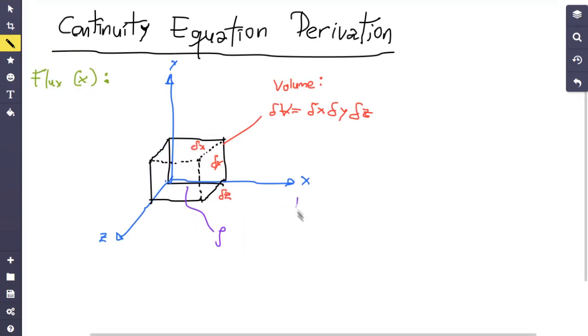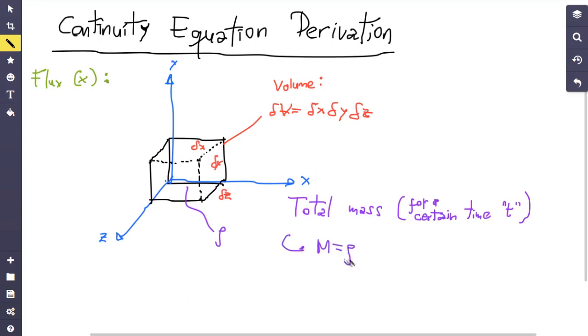So the total mass at a certain time t will be equal to ρ, which is the density of the fluid, times the infinitesimal volume here. So this will also be an infinitesimal mass.